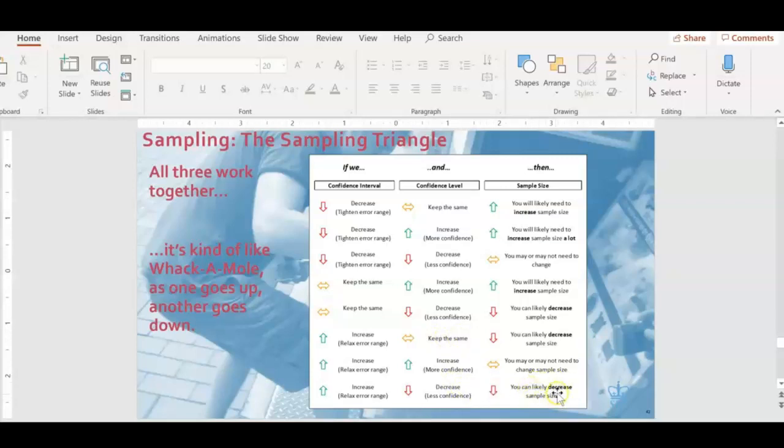Conversely, if we were going to decrease our sample size and we wanted to be less confident about the results, so we're reducing our confidence level, then we can relax the error range. So all three of these work together, and you can see how one will impact the other depending on the situation that you and your client face.